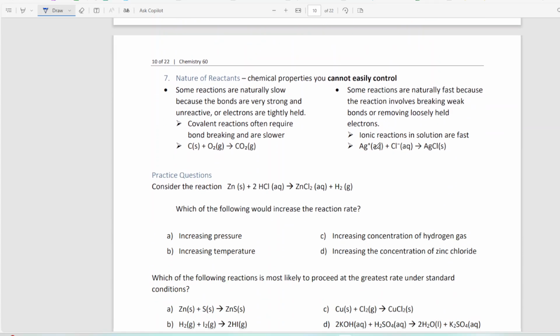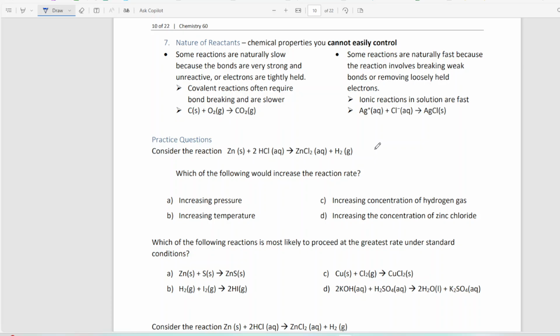And then the last one is kind of simply just something that's out of your control, which is some reactions are fast and some are slow naturally. So some reactions are naturally slow because their bonds are very strong. There's unreactive reactants. Electrons are tightly held, right? Electrons have a lot to do with whether a reaction happens or not.